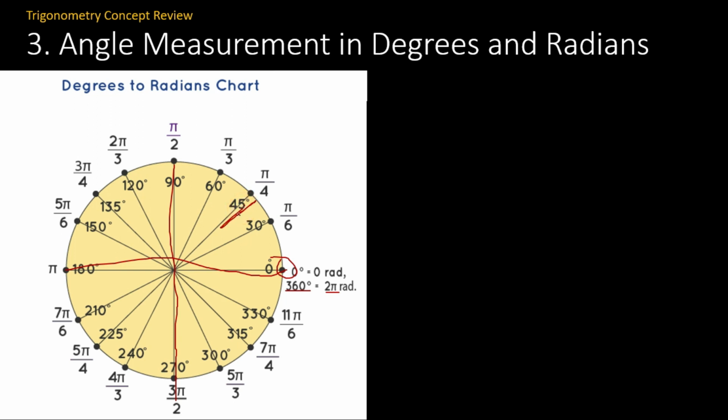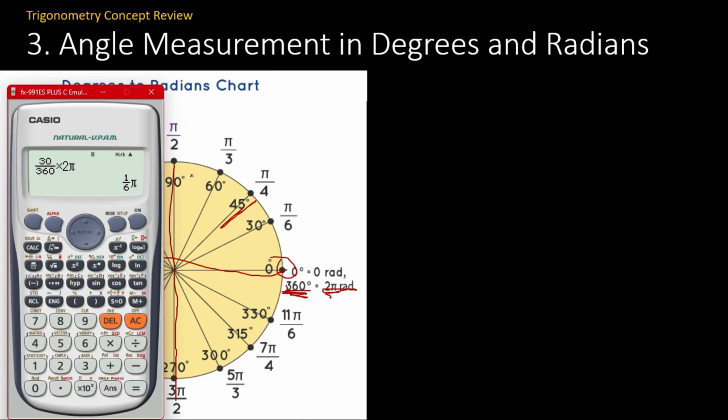Now to get the radians of this 45 degree, we take 45 divided by the total angle of the circle, which is 360, multiplied by the total radian, which is 2 pi. Let's divide and see what we have.